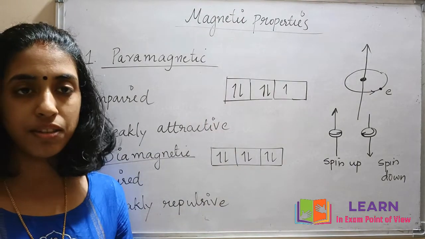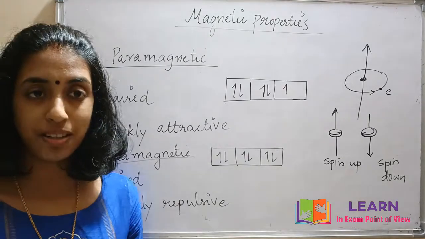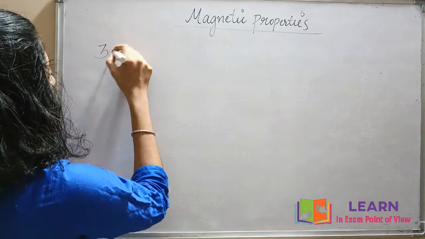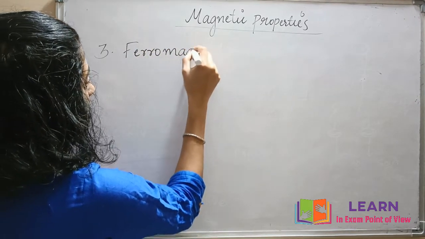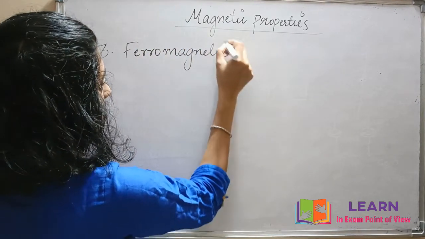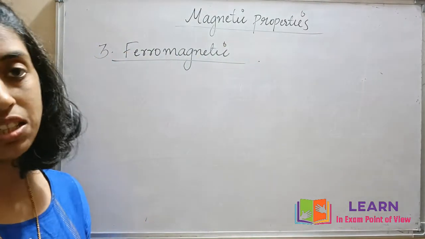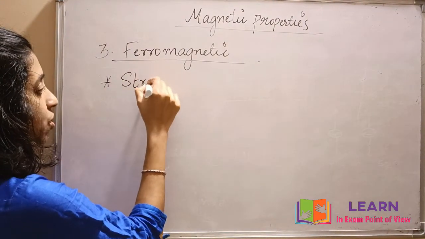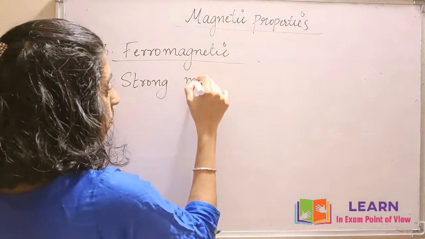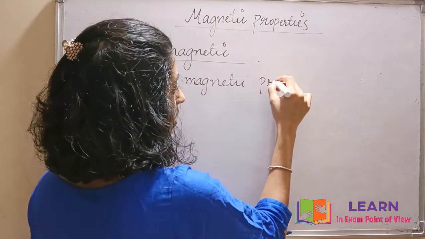Now next, the ferromagnetic property, the third one. Ferromagnetic substances show strong magnetic property. That is the first point. What does it mean?